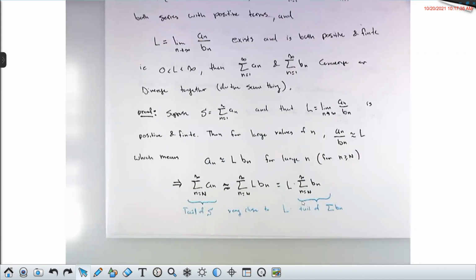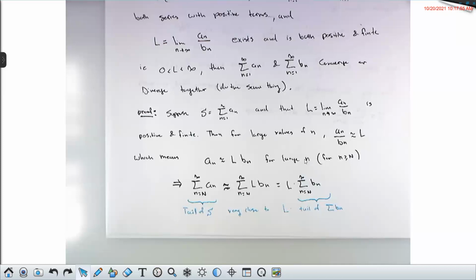So if the series sigma bn converges, then its tail is finite, which means L times its tail is finite, which means the tail of S would be finite. So if sigma bn converges, then sigma an converges.